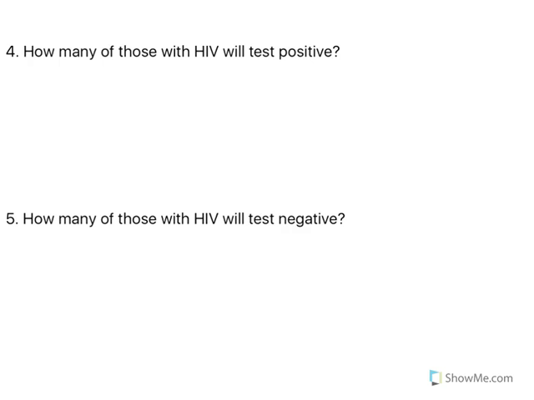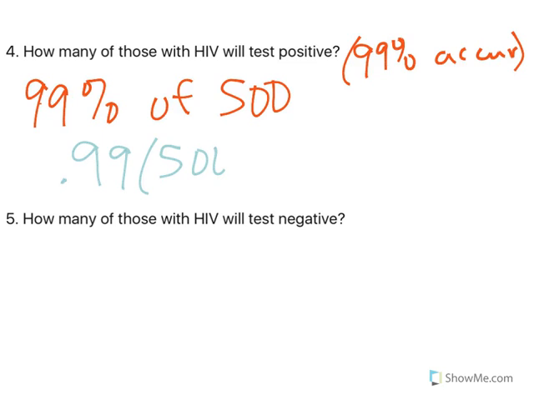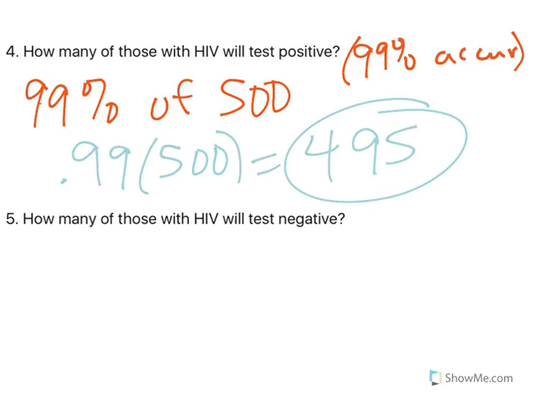So, how many of those with HIV will test positive? And now we got to think back on our accuracy rate. We had a 99% accuracy rate. So, if you have it, we would expect you to test positive. So, 99% of the 500 will test positive. Well, they should, right? So, 99% is 0.99 multiplied by the 500, and we end up with 495 people will test positive.